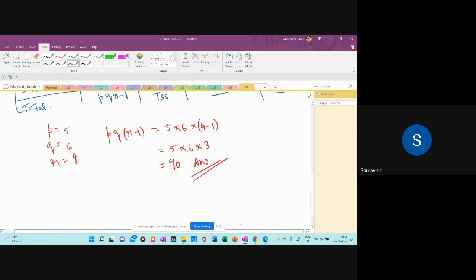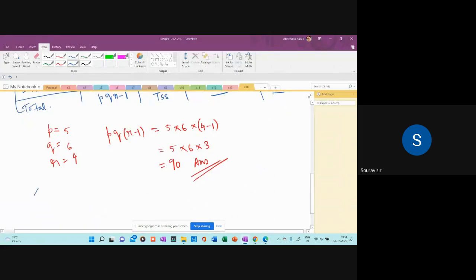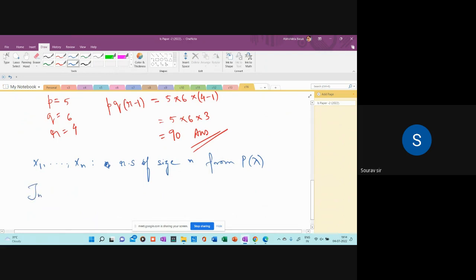First of all, I'm dealing with a random sample of size n from Poisson lambda. So what will be the corresponding joint PMF?